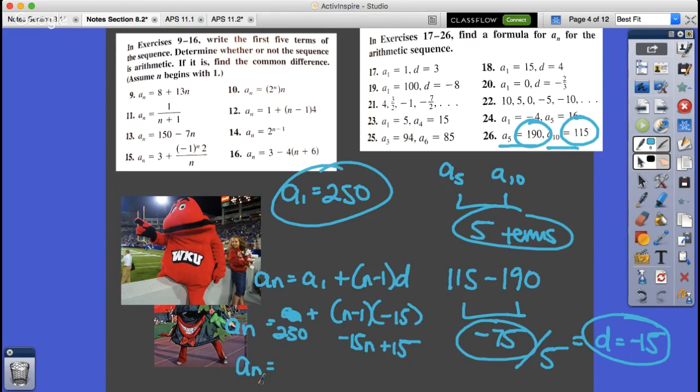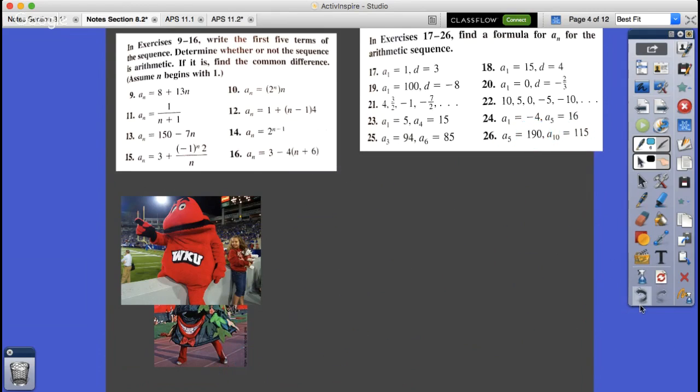So you'd say 250 plus 15 is 265 minus 15n. And once we get that, that's how we would get our equation. But I thought that was really brilliant because he's just used, I don't want to say common sense, I just thought he found a better way. So I really like that.